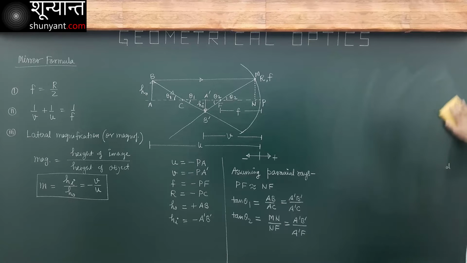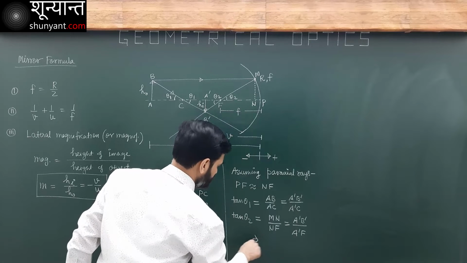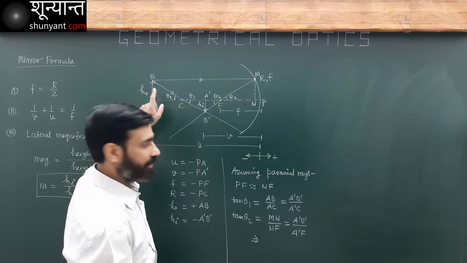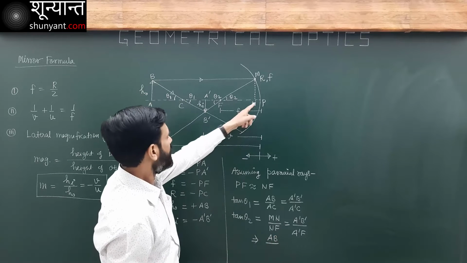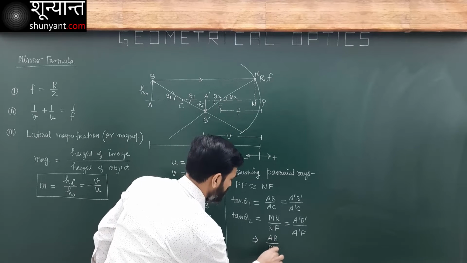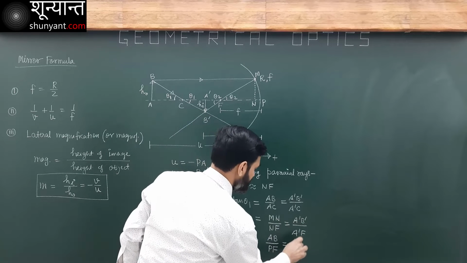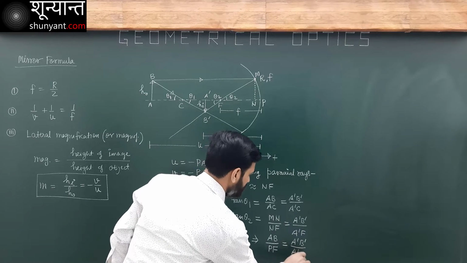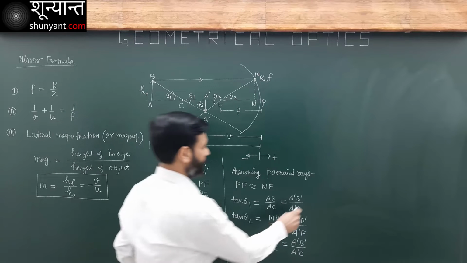Now MN will be equal to AB. So I can write it as AB over NF, and NF as PF, is equal to A dash B dash over A dash C. Please follow this.